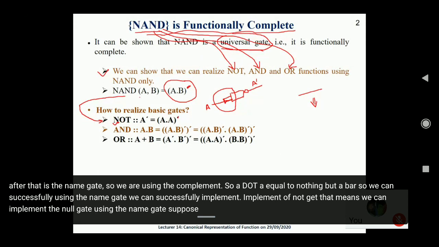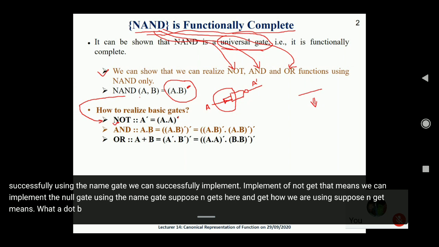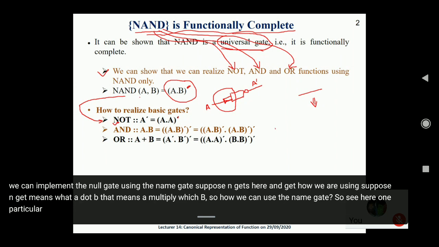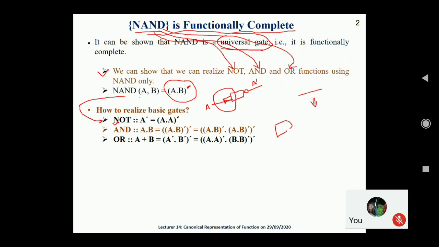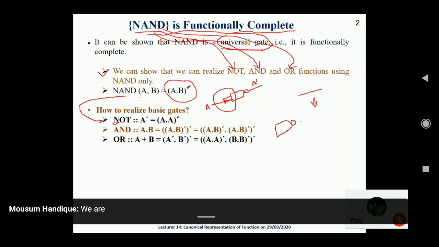Suppose the AND gate, A dot B, that means A multiplied with B. How can we use the NAND gate? See here, suppose we use this one, and after that we use this one.